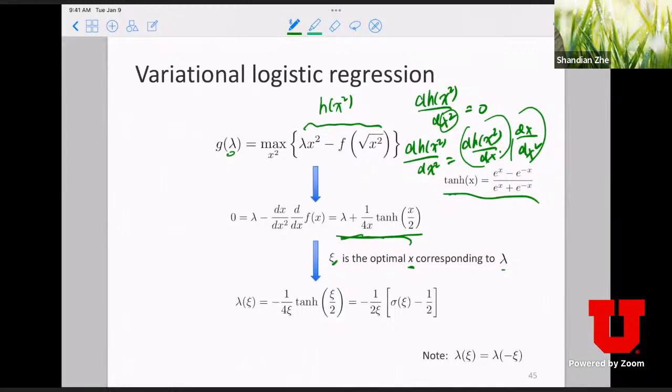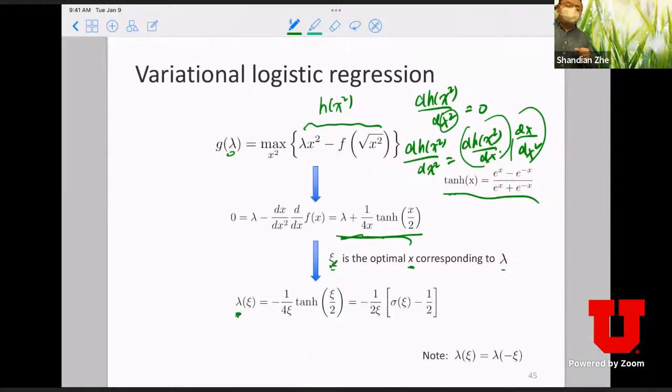That means lambda is equal to minus 1 over 4c tanh half of c, right? And of course, you can see that there's actually a mapping between c, the optimal x, and lambda. Given lambda, we know the optimal x, which is c, or given c, we know the corresponding lambda.